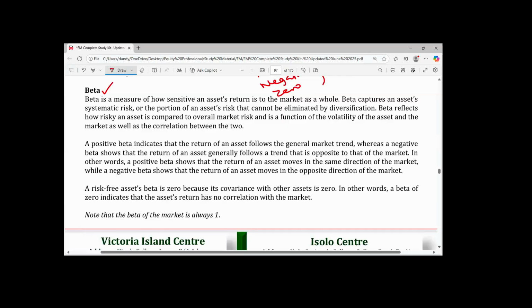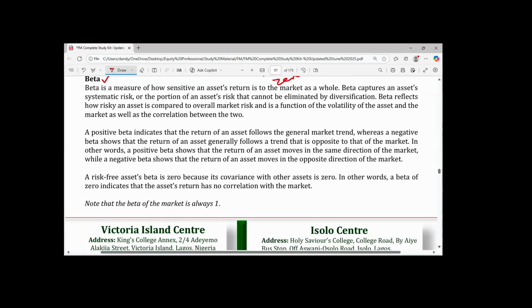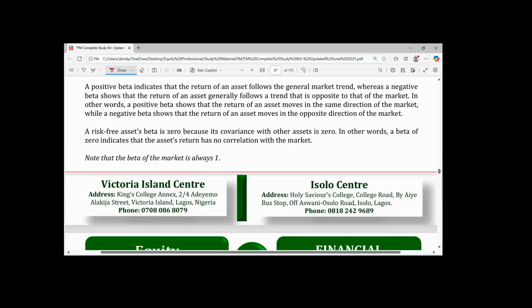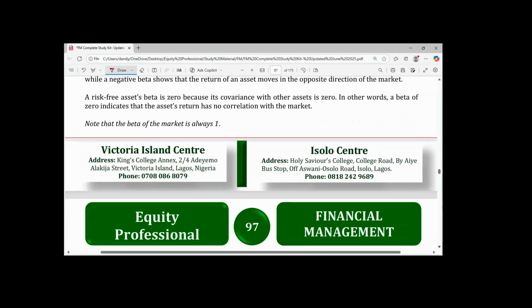So when there is no correlation between the return of the security and that of the market, we say they are zero beta. Now, when you talk about zero beta, you need to understand that the risk of the market is always one. This is very important because that will be your basis.